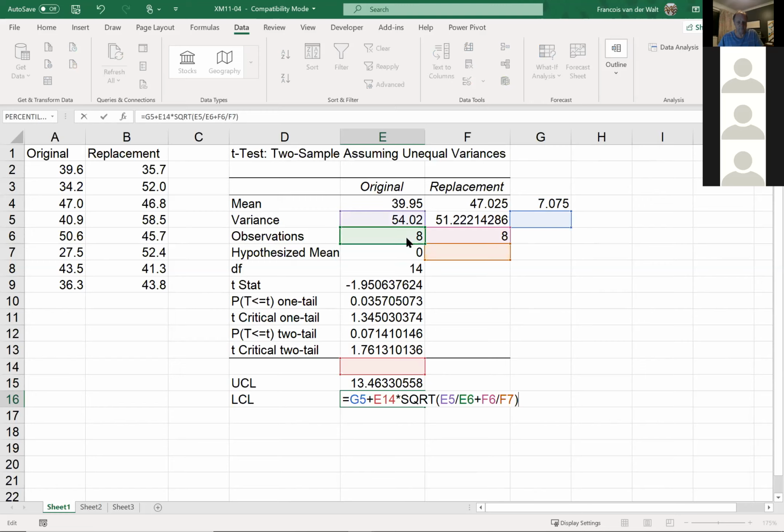I got negative 0.7. No, it should be between 6.38 and 13. Just check your formula again against mine.